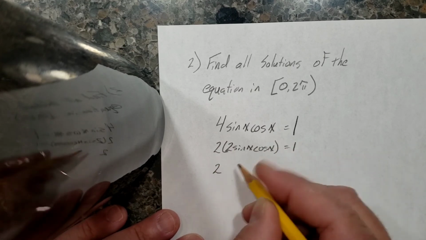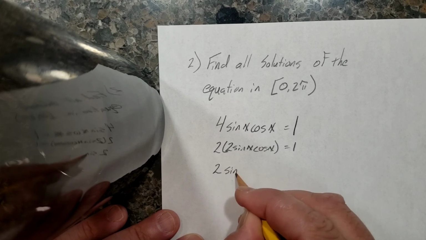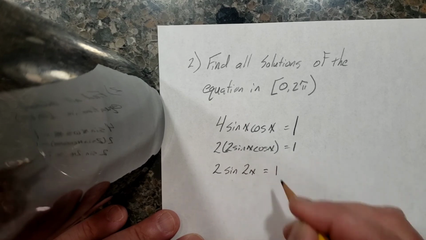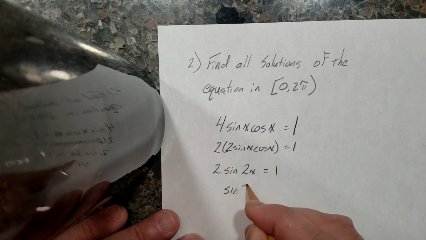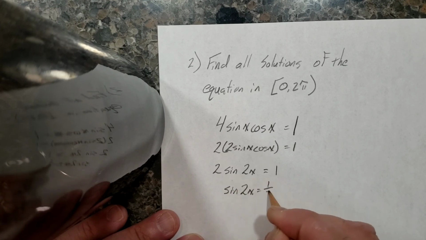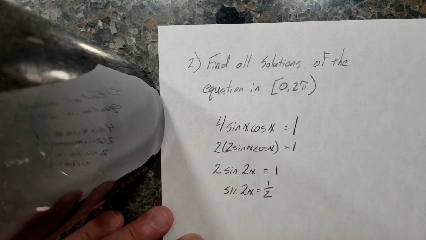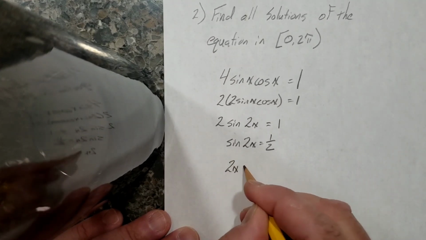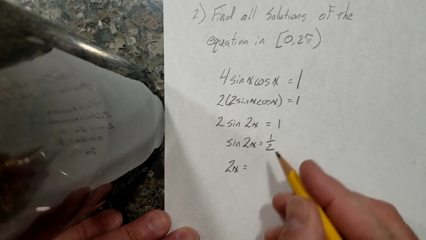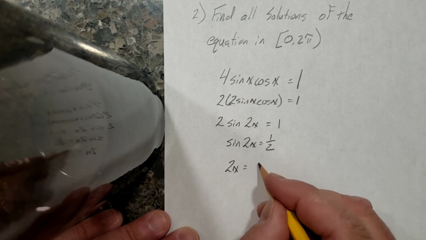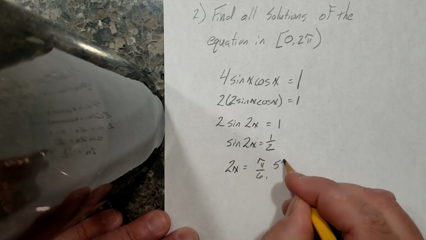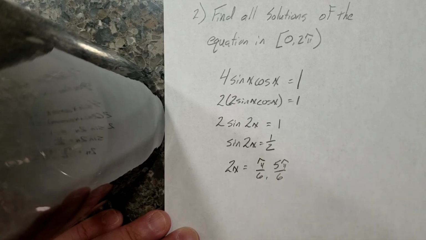And then change this to 2 sine 2x equals 1. So the sine of 2x is 1/2. Now where is sine 1/2? Well, we're in quadrants 1 and 2. So we're looking at 2x should be pi over 6 and 5 pi over 6.